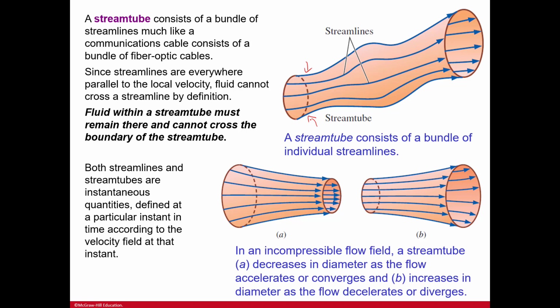And the reason why is this little paragraph right here. Since streamlines are everywhere parallel to the local velocity, fluid cannot cross the streamline. So you see it's all running parallel. You can't have exits and inlets. It is the tube. And you see that the tube is oddly shaped, right?